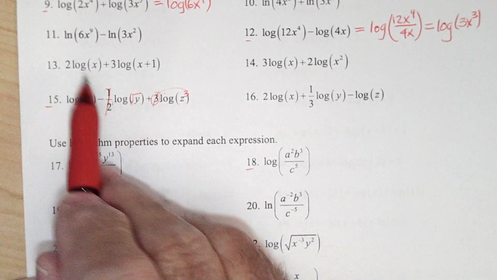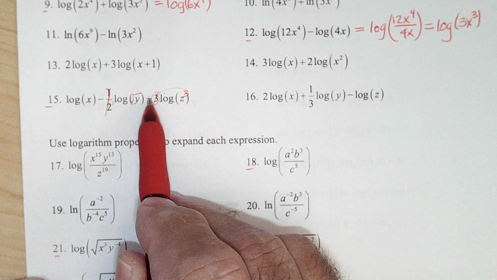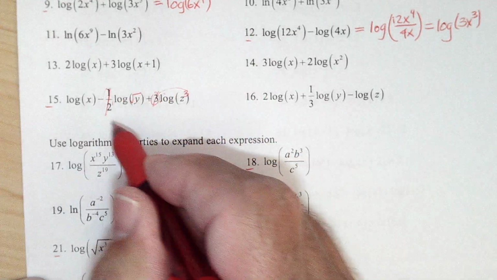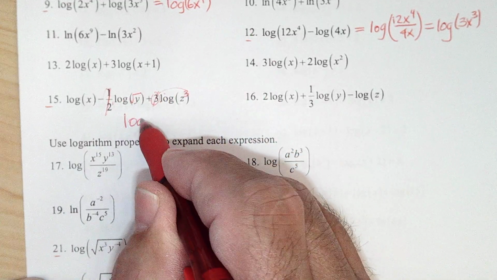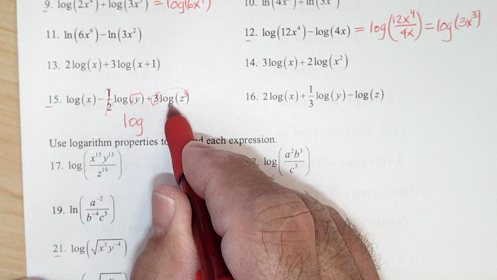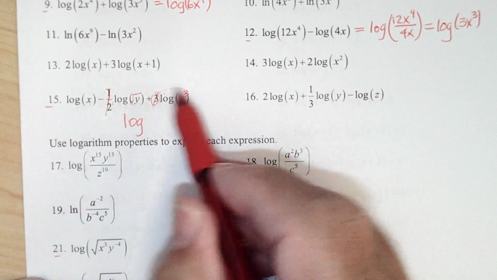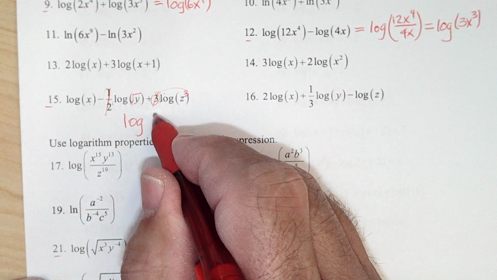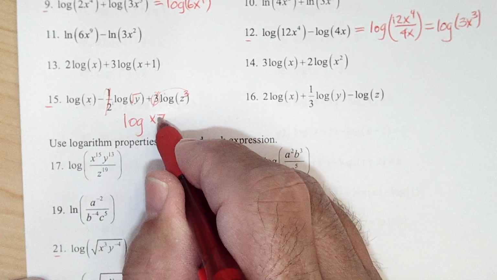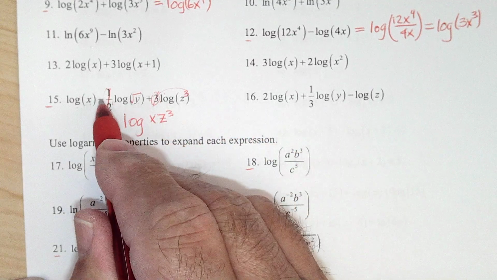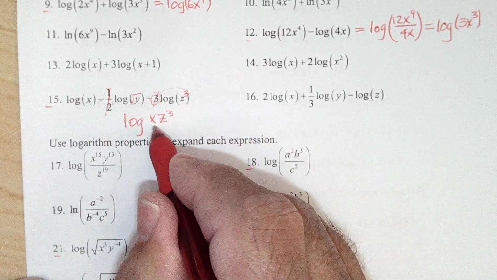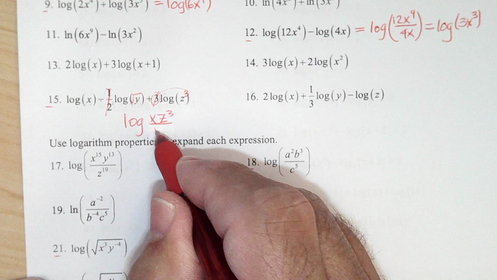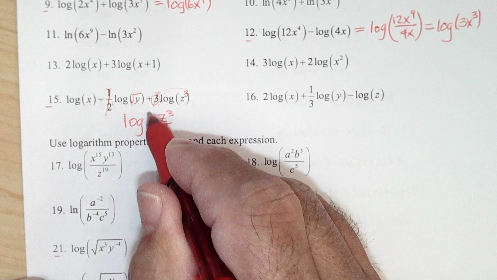And then these are going to be multiplied because it's plus and plus. So we got log, these are all log base 10, of x times z to the 3rd. And this is the -1, so that's a divide by square root of y.